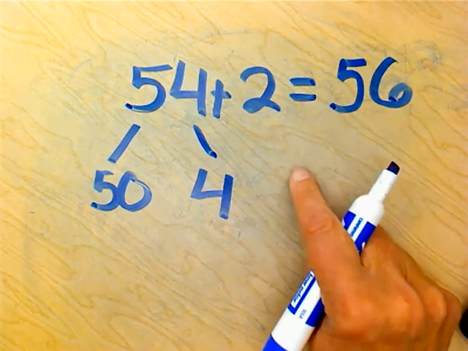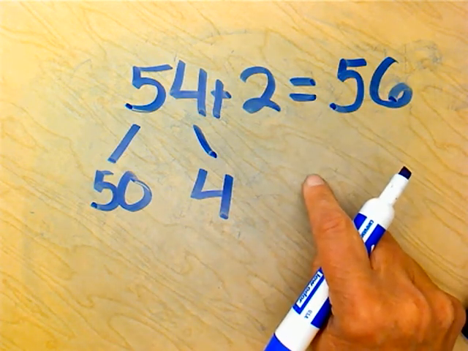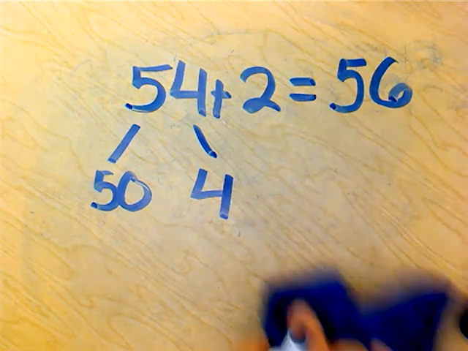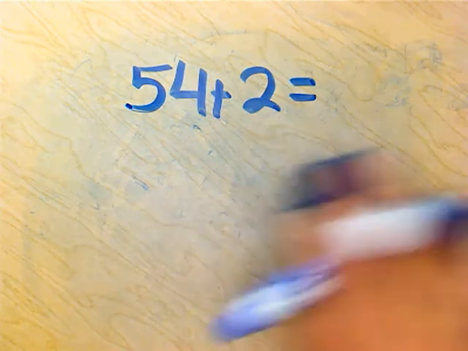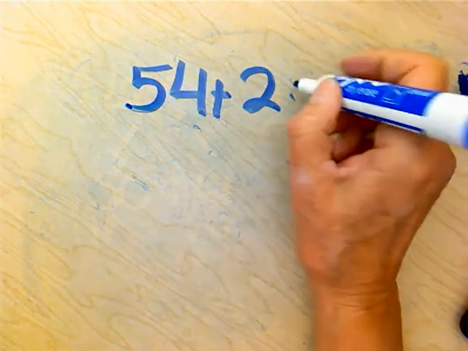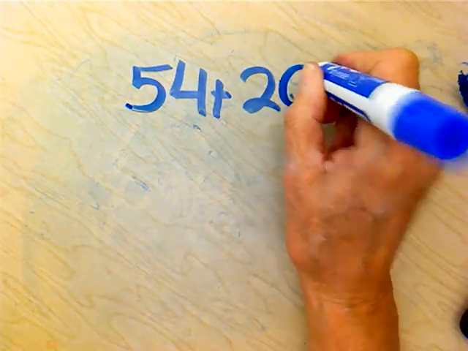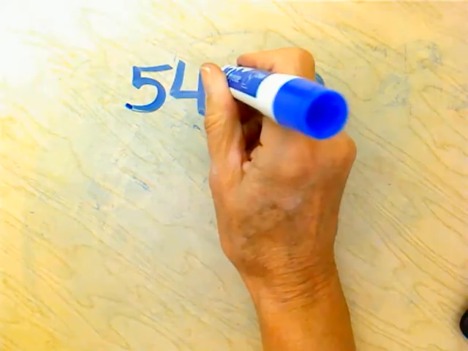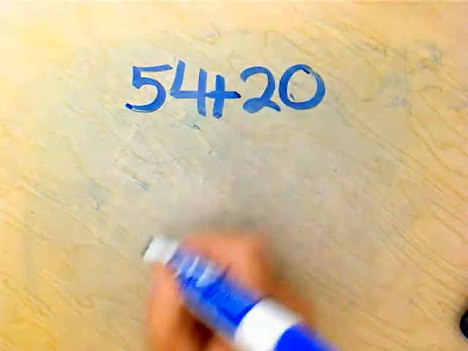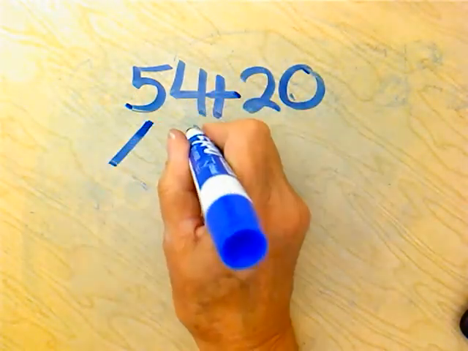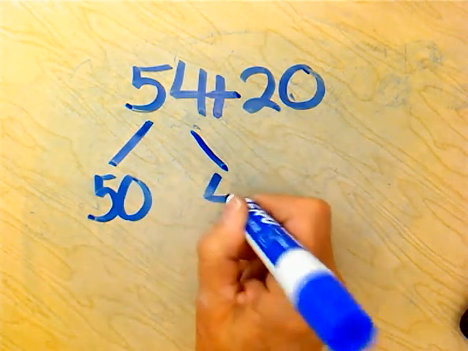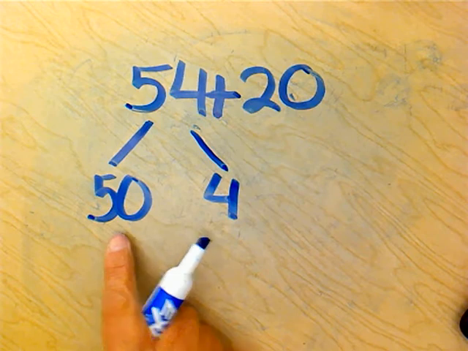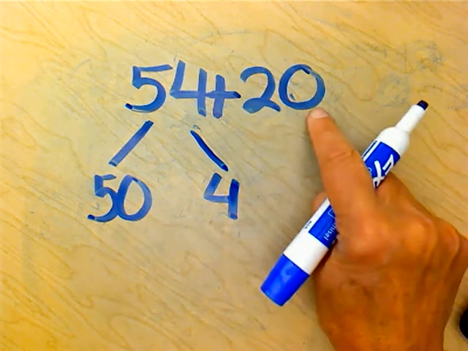So how would that look if I was going to change this problem just slightly, and instead of 54, what if I had 54 plus 20? Would that change that much? Probably not. I'm going to break 54 apart into its tens and ones. Now, do I have any ones here that I'm going to add?